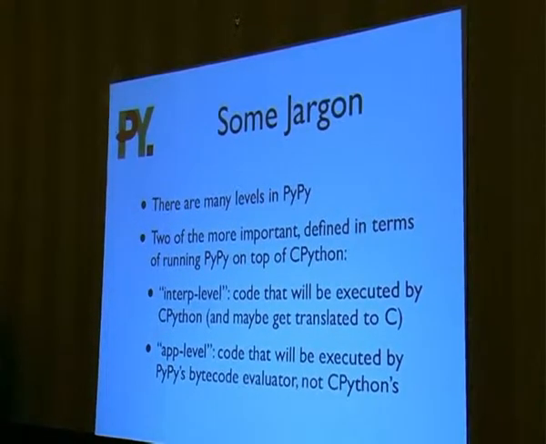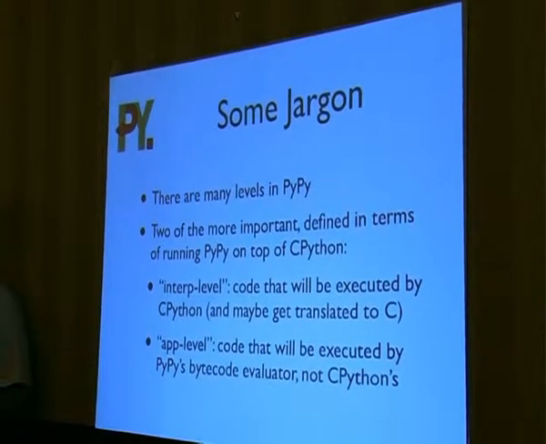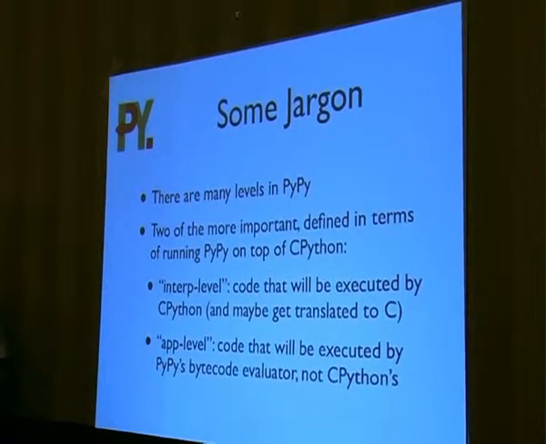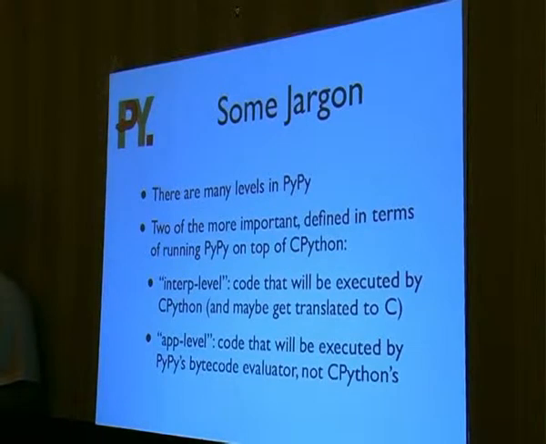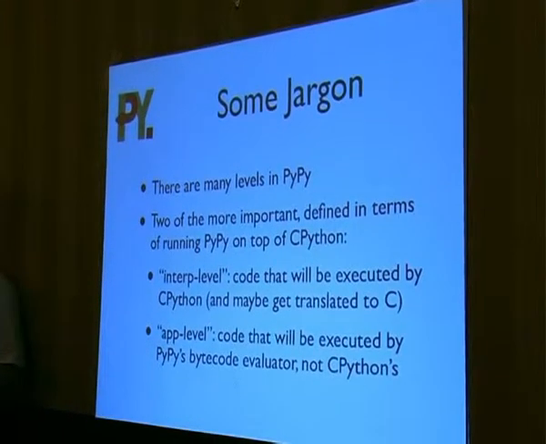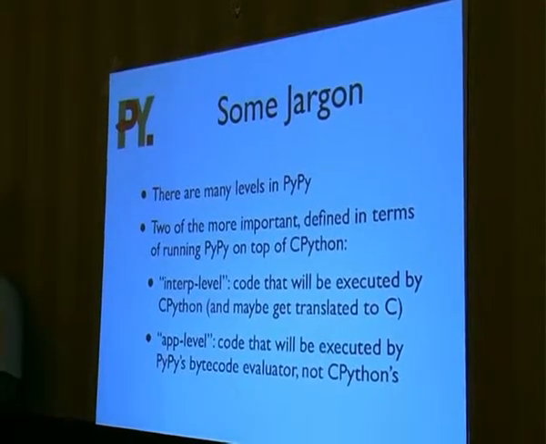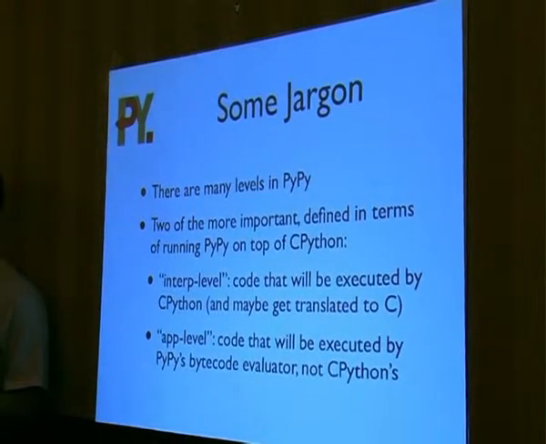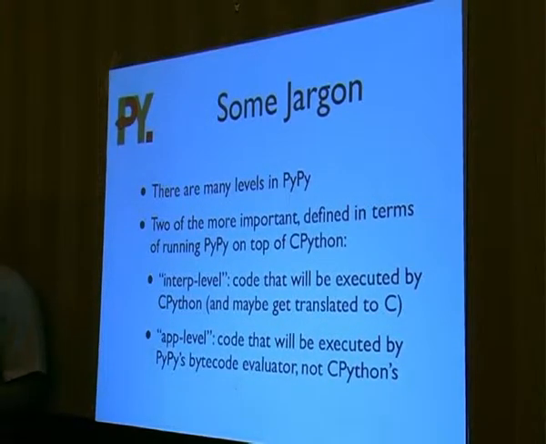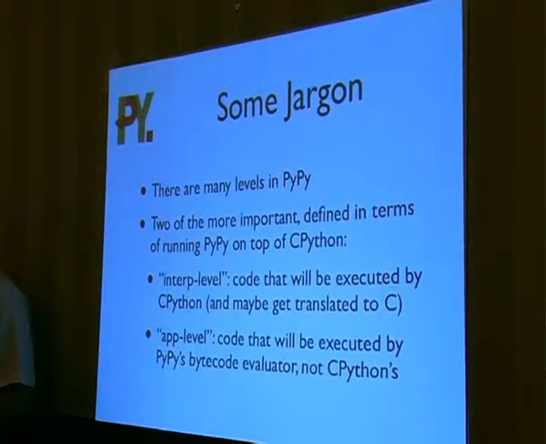PyPy is a large enough and complicated enough project that we've invented a fair bit of jargon, which the full-time people will probably use without much thinking. So you should hit us and say, what does that mean? Two very important pieces of jargon are interp level and app level. When you're running PyPy on top of CPython, in the slow interpreter fashion, there is code that is executed by CPython itself.